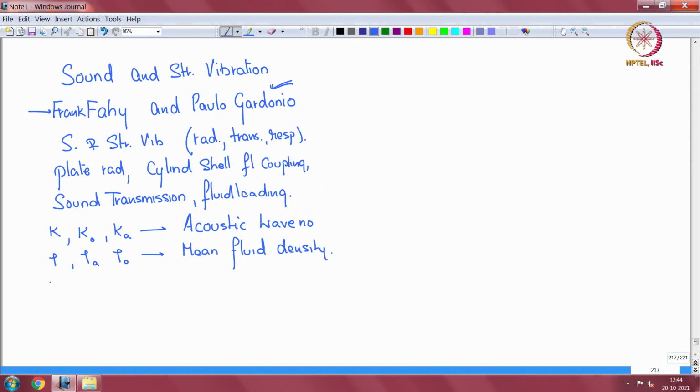Then I have used rho S for structure sometimes, rho P for plate sometimes as the structural density. And lastly, I have used C or Ca or C0 for the speed of sound in the fluid.